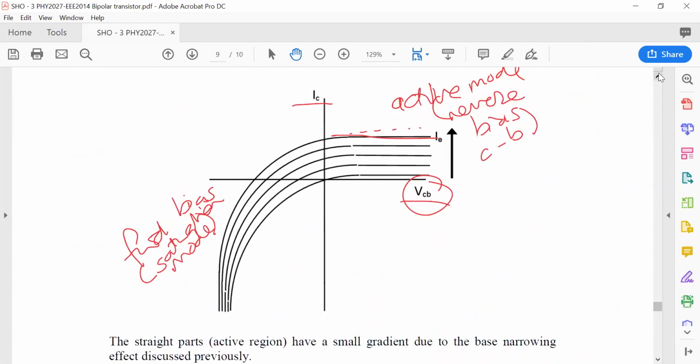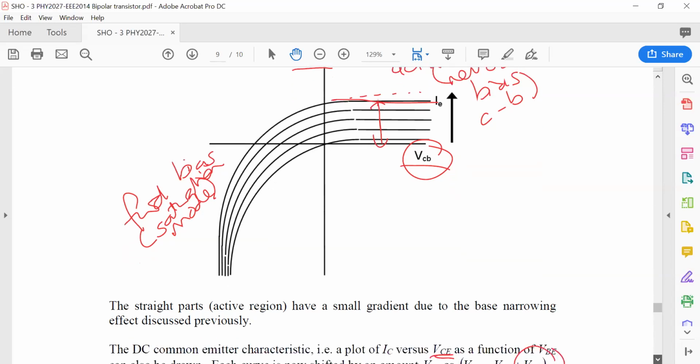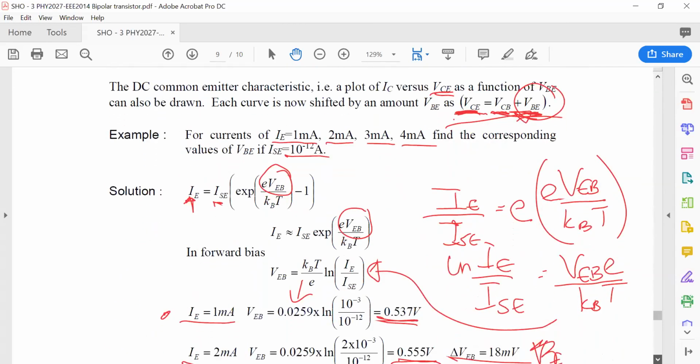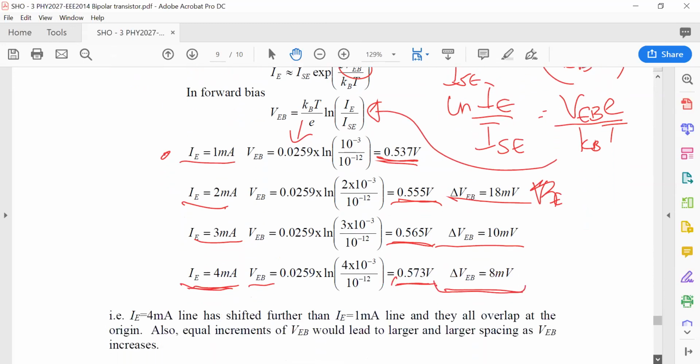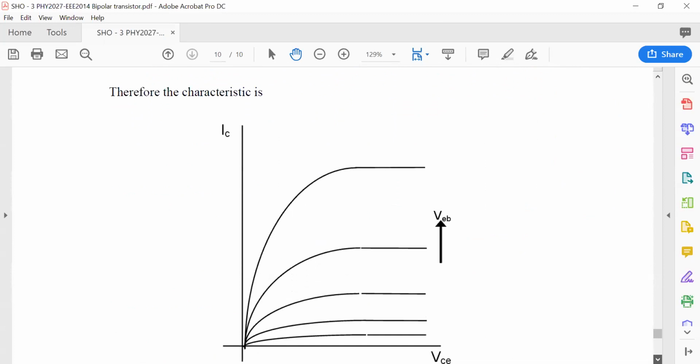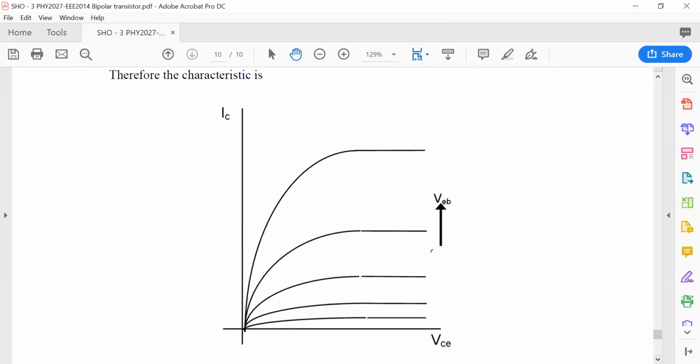Whereas what we've got so far here is linear increases in the emitter or collector current. If you wanted to plot the characteristics as a function of equal increments to the emitter base voltage, you'll see a characteristic that looks like this, where the spacing in the collector current is getting bigger and bigger as you increase the emitter base voltage.